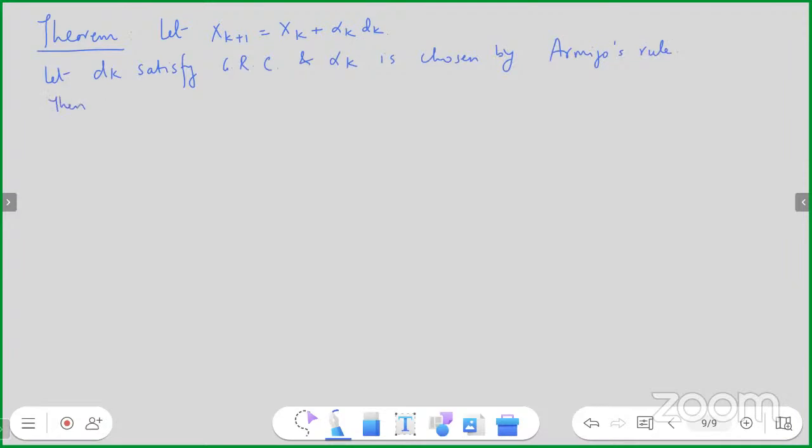Then, d_k satisfies GRC, alpha_k is chosen using Armijo's rule. What we want to show is that limit points of x_k are essentially the stationary points of f. And that's the best we can actually hope for without putting any structure on f.